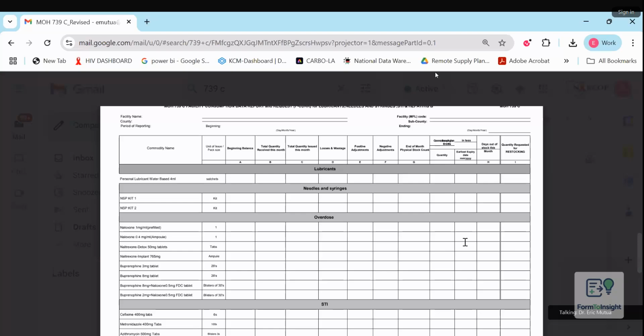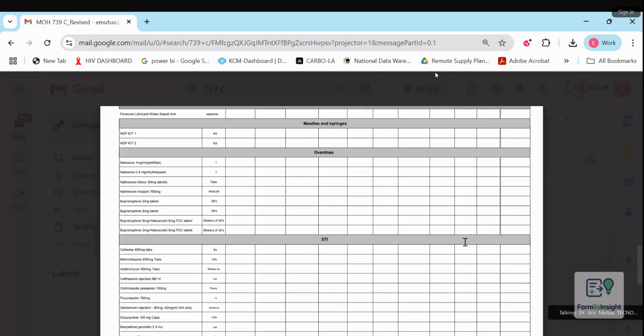I know overdose it's supposed to be naloxone only. The naloxone either the prefilled or the naloxone ampule. And then the naltrexone, buprenorphine, they are supposed to be at OST. But as it is right now, we are not using this register for reporting of any OST medication. So these are just there, so we shall make the amendments when you are revising the register.